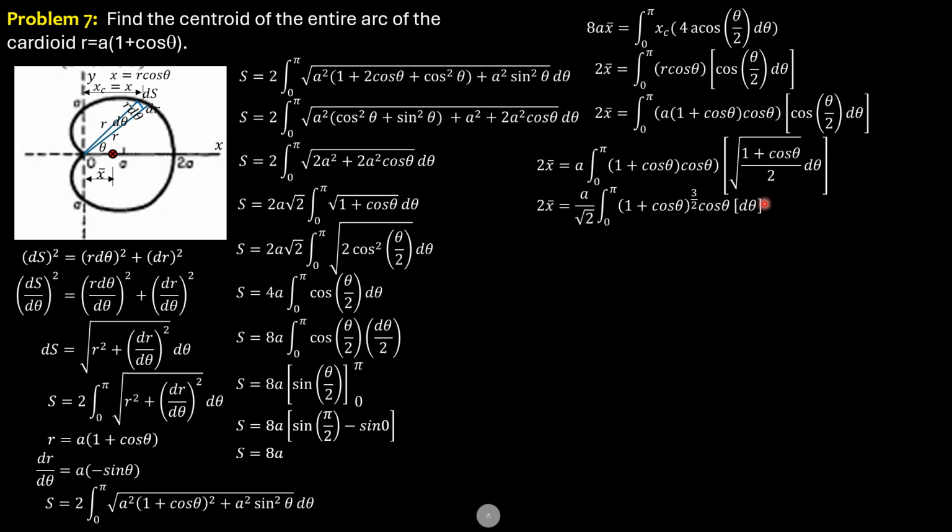So again, we replace this by quantity 2 cosine square theta over 2, while this one is 1 minus 2 sine square theta over 2. So 2 barred x equals a over square root of 2 integral from 0 to pi of 2 cosine square theta over 2 quantity raised to 3 halves, then quantity 1 minus 2 sine square theta over 2 d theta.